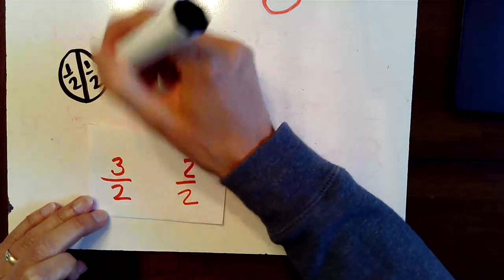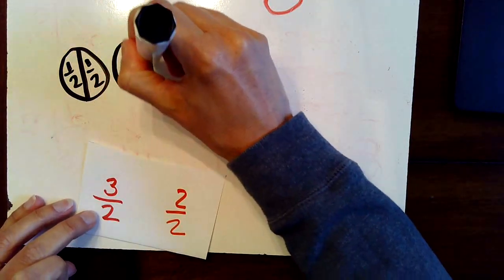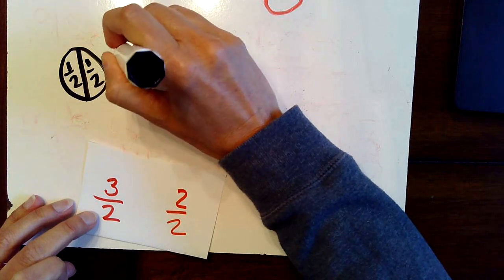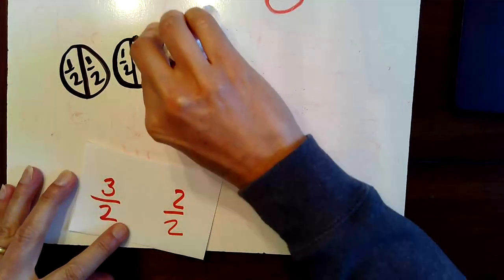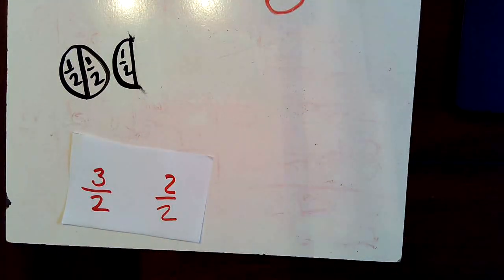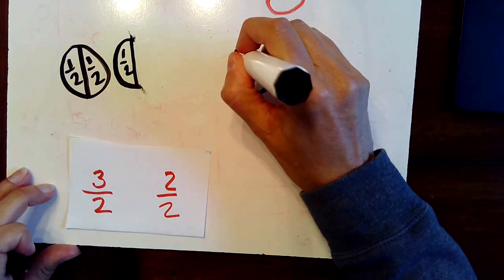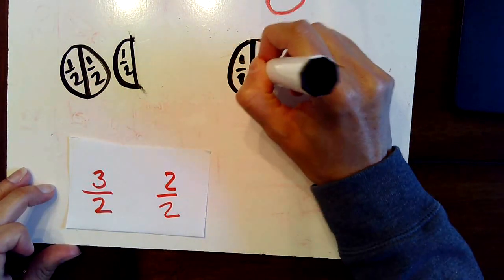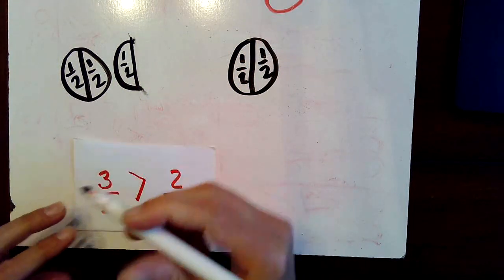Oh, that's only 2/2. I need 3/2. So for this one, I'm going to draw that one and then erase this half. And that gives me 3/2. And over here, I have 2/2. So which one is greater? 3/2 is greater than 2/2.